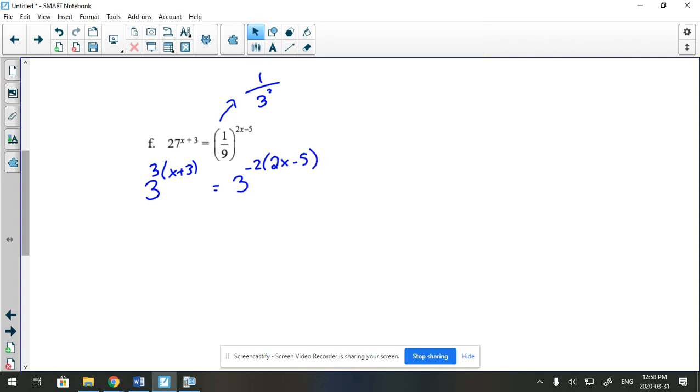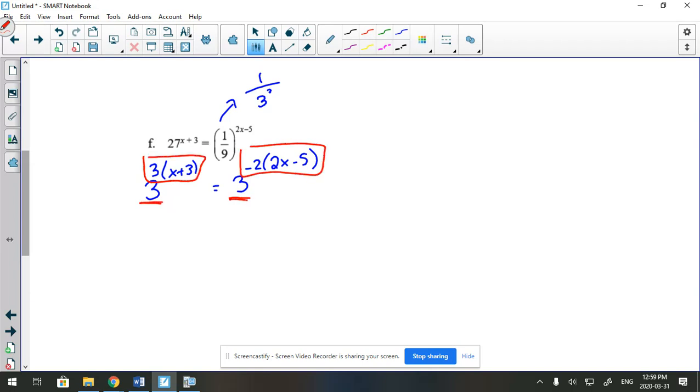Now you can see that we have matching base, so that means my exponents must also be equal. If this equals this, then my exponent has to equal the other exponent. Then we just multiply throughout the brackets to get rid of them.